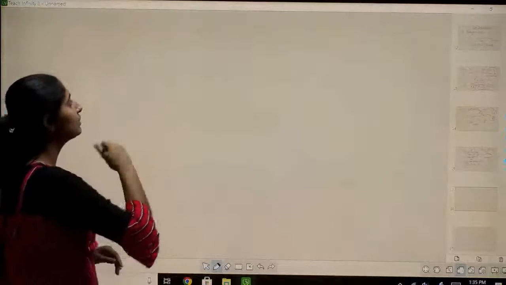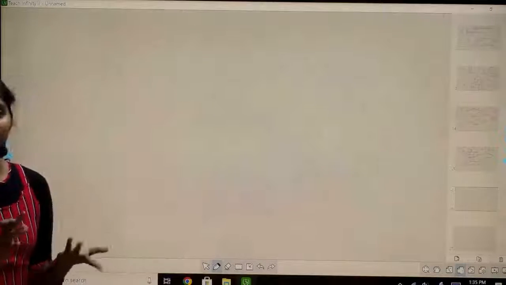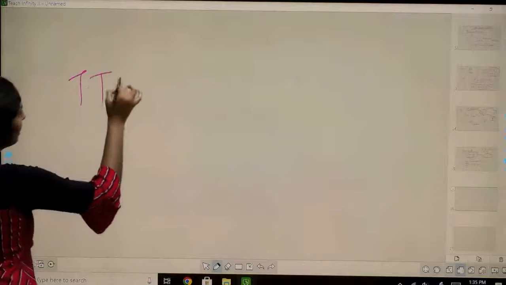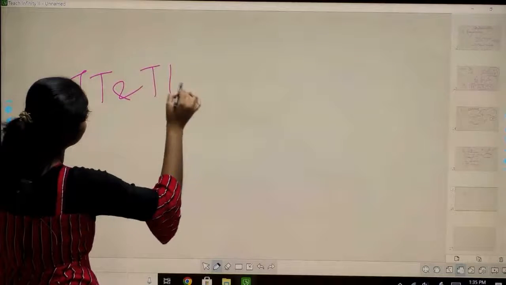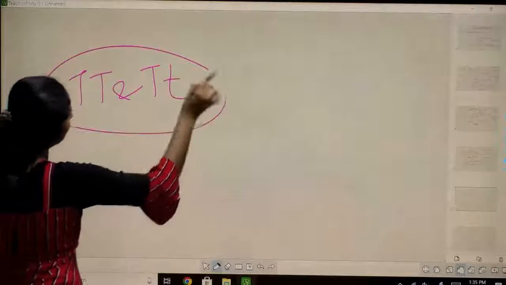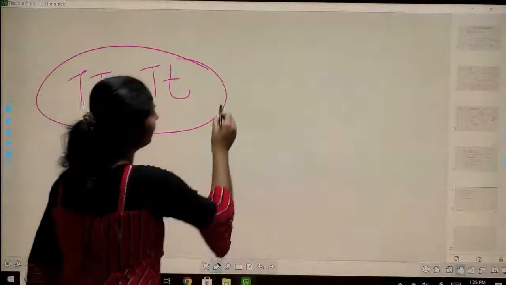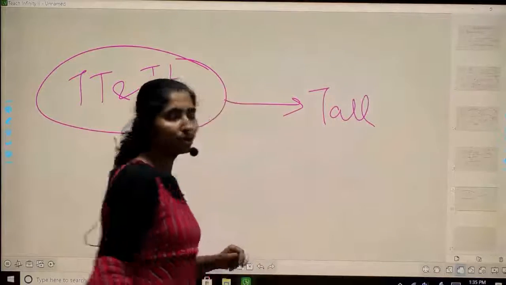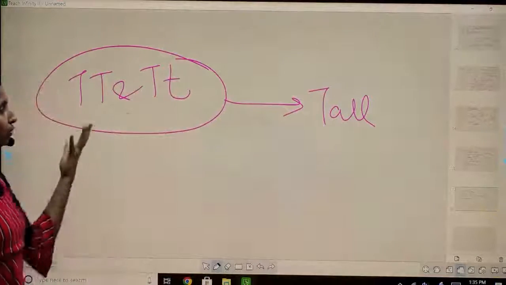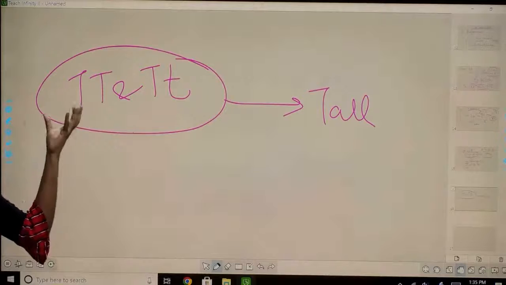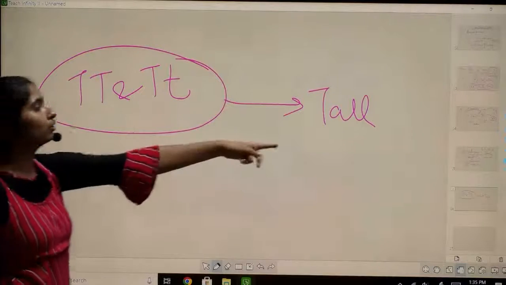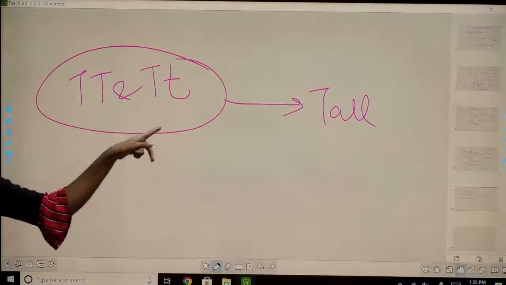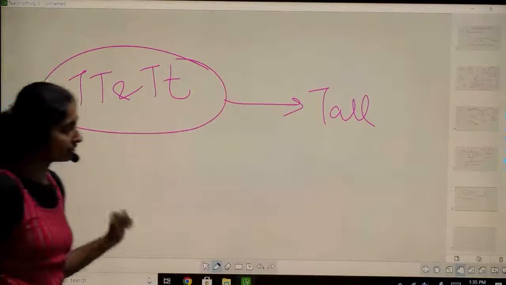In the Mendelian cross, when we were discussing the monohybrid cross, we had seen that both homozygous as well as heterozygous genotypes give the same phenotype, that is tall. So how was Mendel able to differentiate which genotype is which? If the unknown plant is showing the tall phenotype, how would I know its genotype? It can either be heterozygous or homozygous.